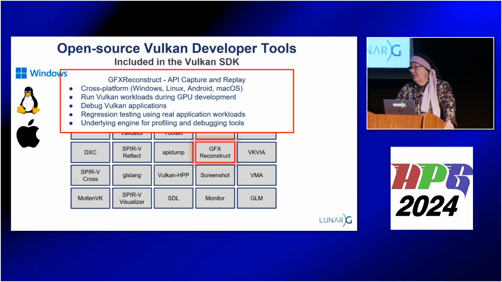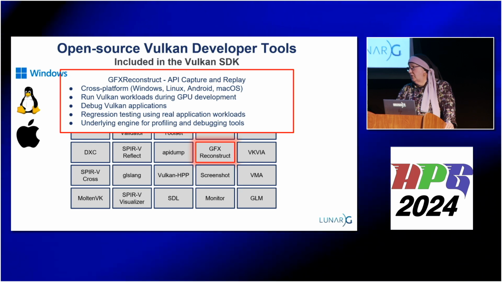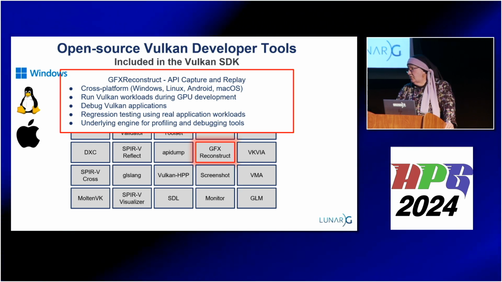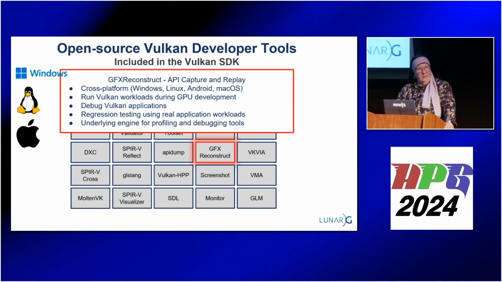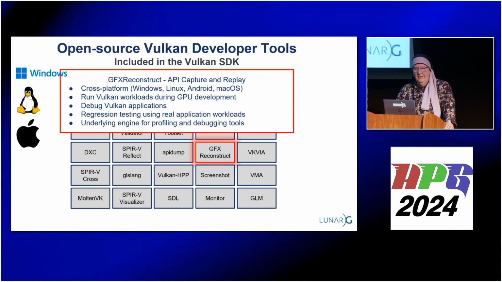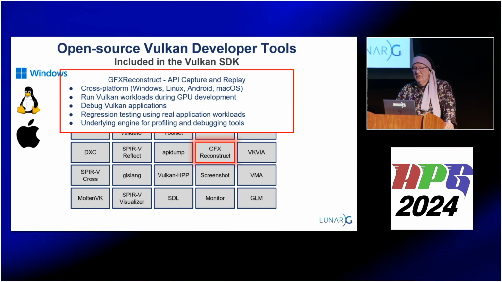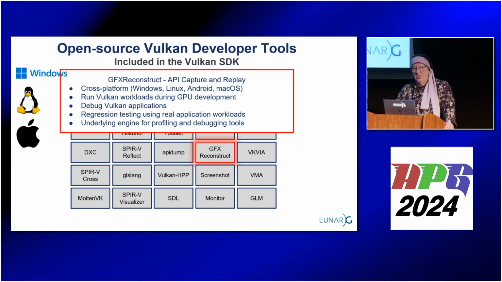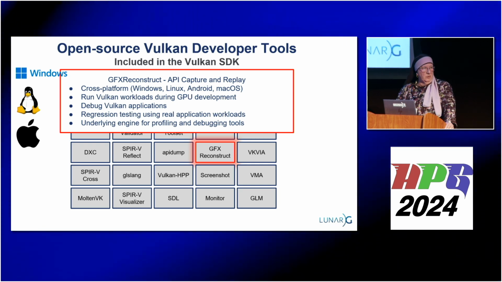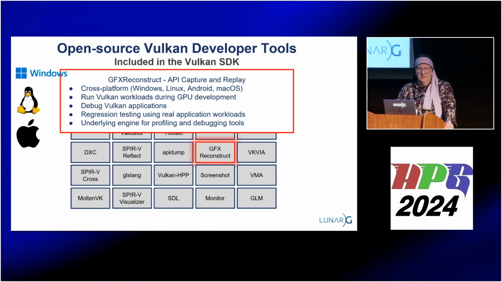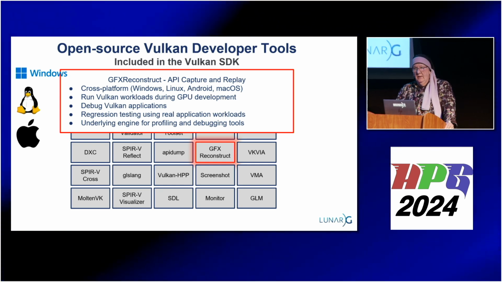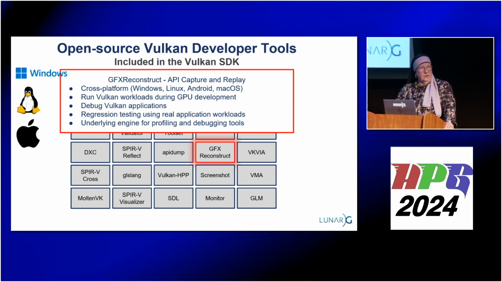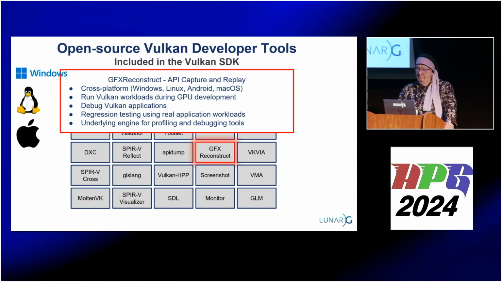We know ISVs use it to get a capture of a bug they have and either submit that to an IHV if it's a driver bug or to debug within their application. It's used for regression testing. We use it extensively for regression testing inside of LunarG because you can capture real application workloads to use as a basis for a bunch of testing. And it's also becoming an underlying engine for many debug tools that are under development today.